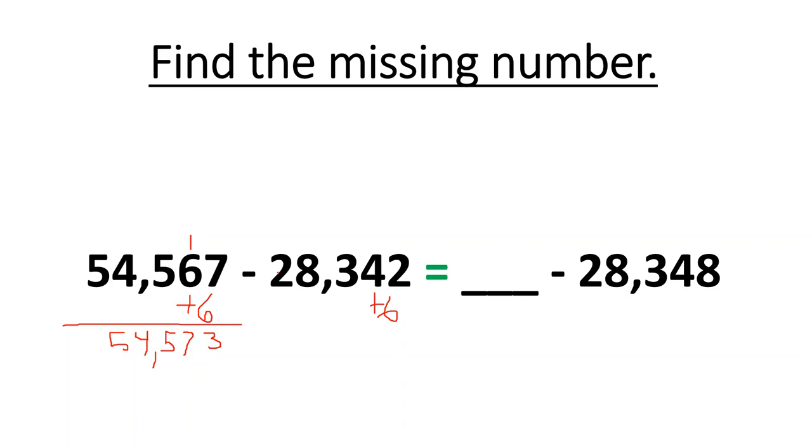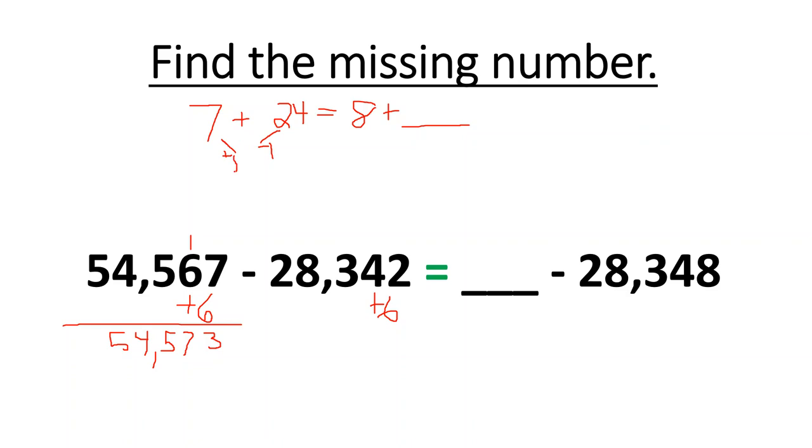So just to recap, on subtraction, we're going to do the same thing to both the numbers on the side of the equal sign. If it was addition, remember when we learned addition, we were finding a missing number on addition. We want to take away from one side and add it to the other.